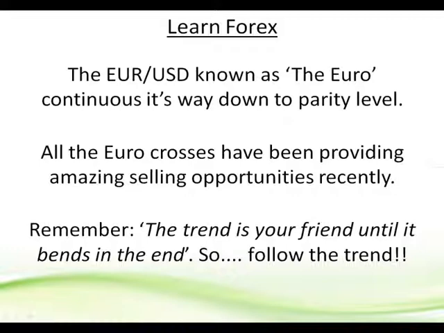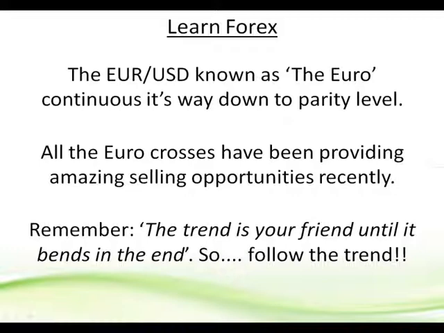So we have the euro. Euro USD continues its way down to the parity level. Parity level means 1 equals 1, so 1.0000, when you're looking at the euro versus dollar chart.